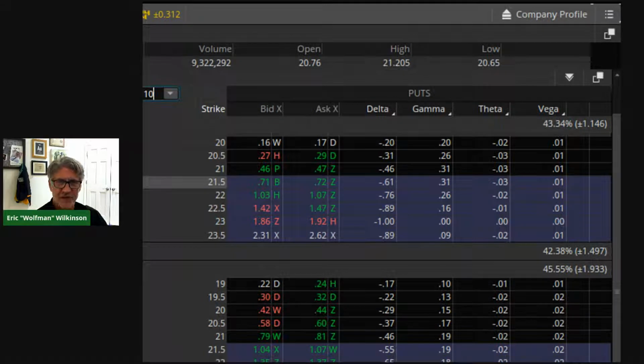Trick it into letting me draw right on my screen, but it's not going to let me. Sorry. Anyway, so Vega is in this column right here.